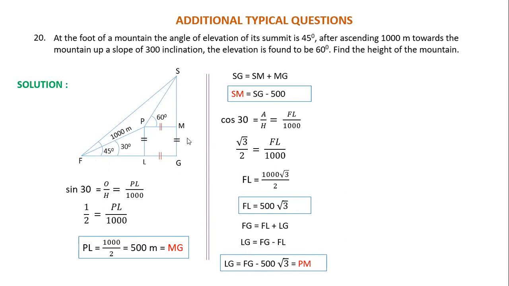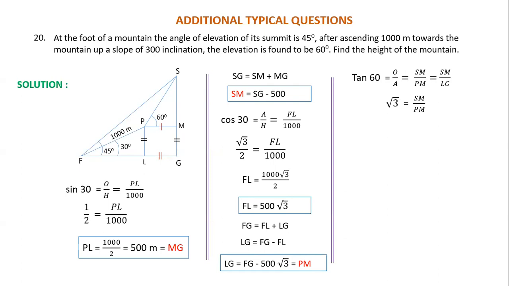Okay, so I got SM and I got PM. So now we go for tan 60. Tan 60 is SM upon PM. SM is SM only, but PM is also equal to LG.